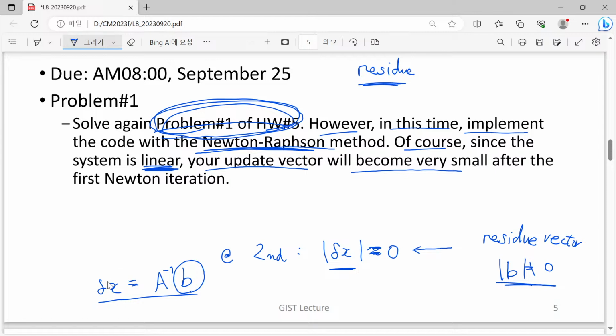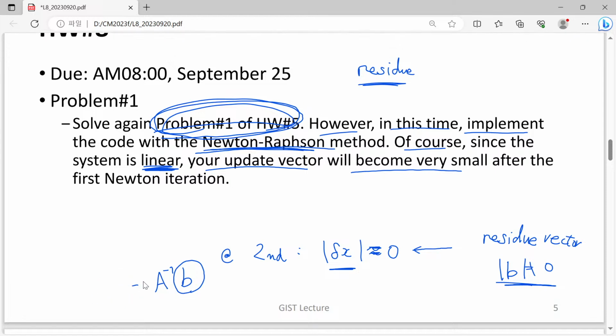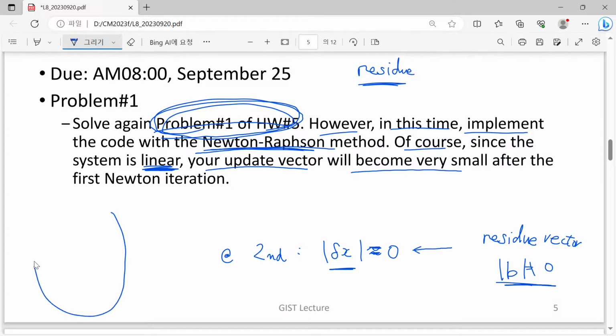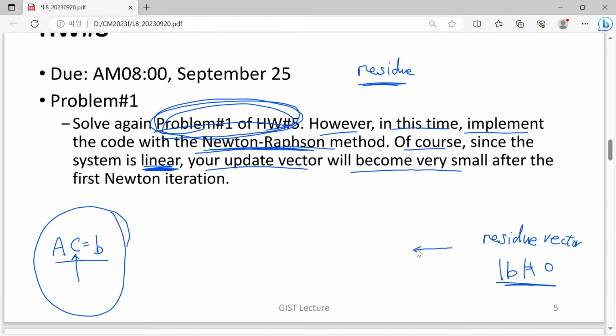So please make the comparison. I think that you can make a comparison between your result with just the A C equal to B system, where your solution vector is just the concentration, and also you can calculate the same quantity with Jacobian times delta C equal to b.